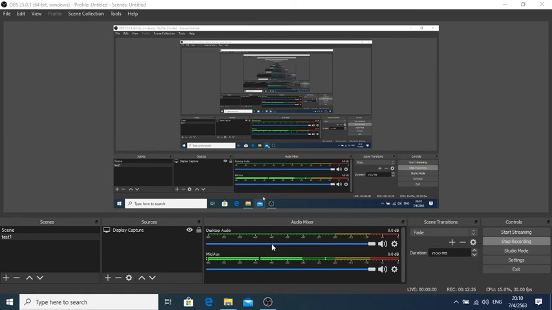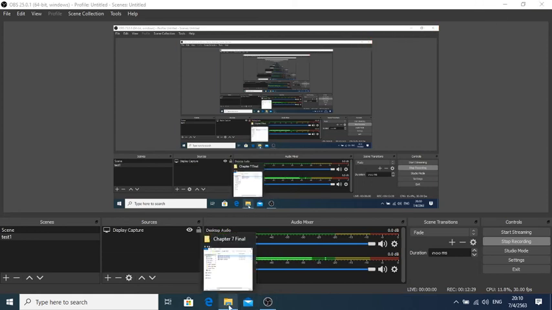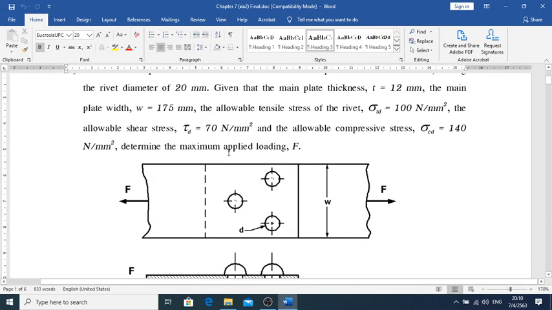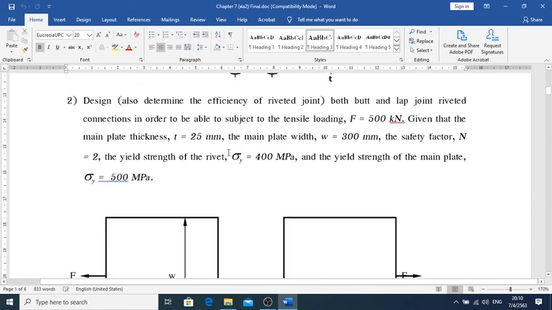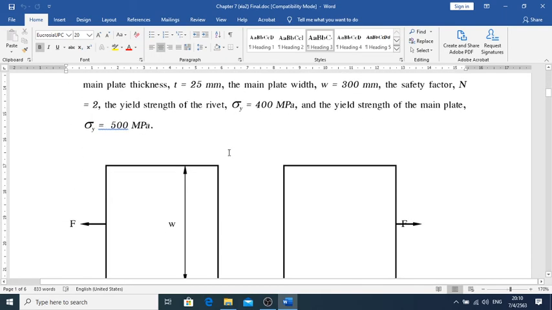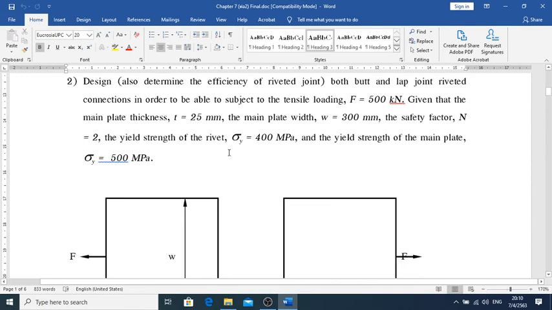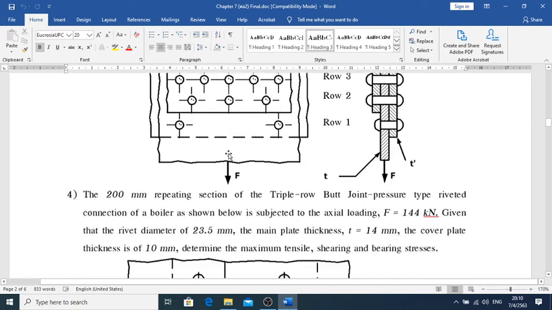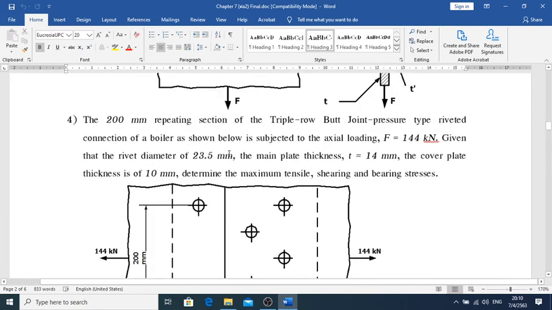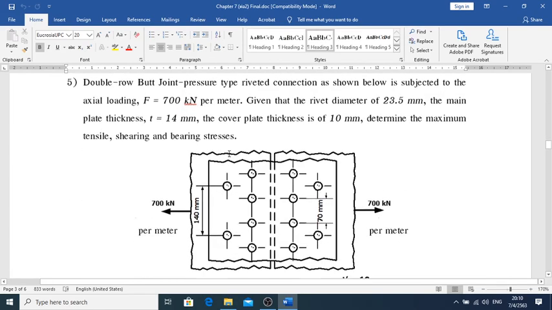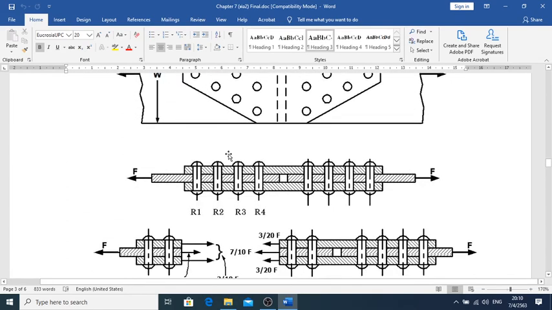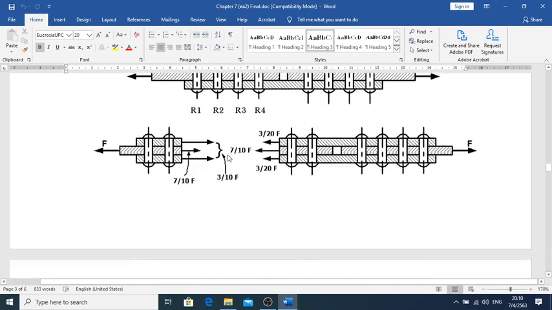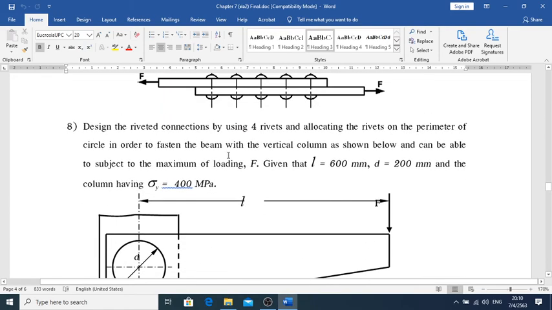That's it for the lecture, and then we have some problem set that we've got to go for. Number one, you may go by yourself, and number two is going to be an example like the one I showed you for the design. Number three is boiler design, number four is design on the rivet again, number five is rivet design again, and number 6, 7 is rivet design and boiler design.